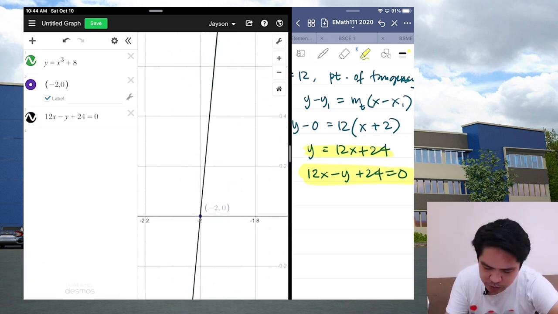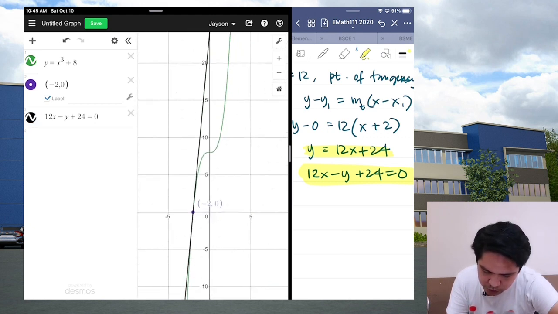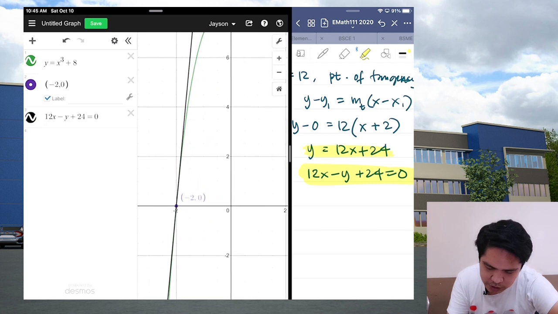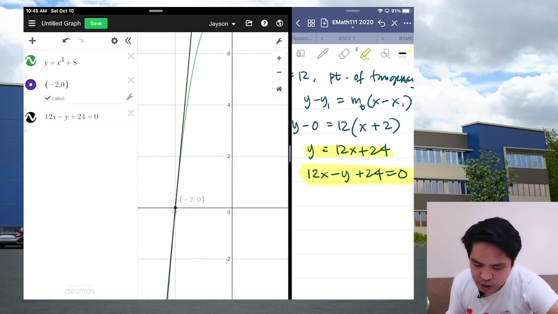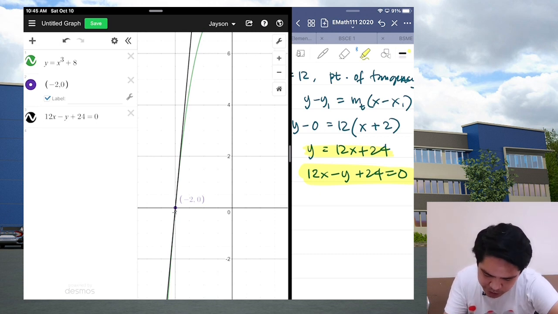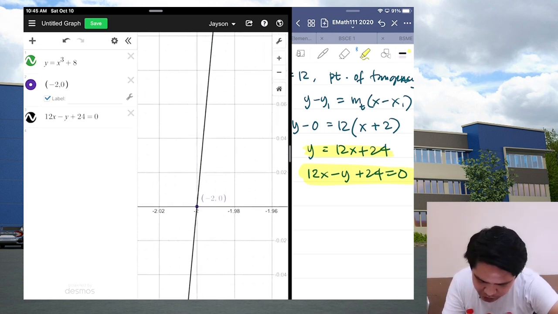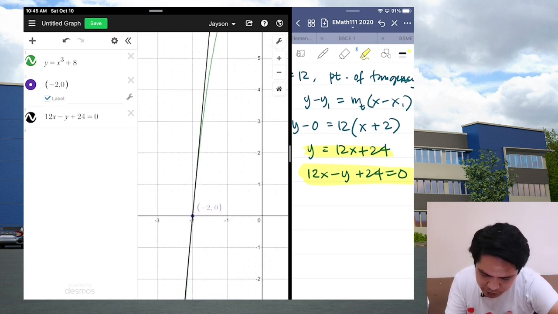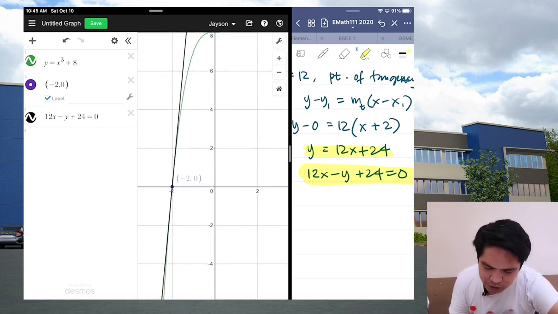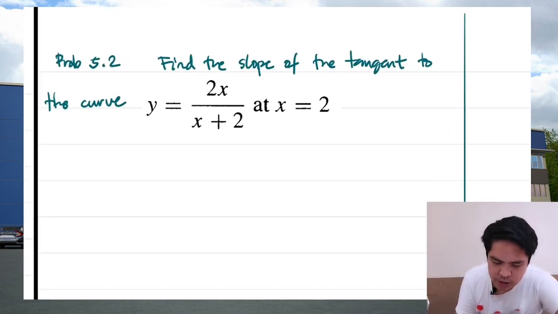So kung nakikita nyo, correct yung answer natin because what we have obtained is the tangent at point negative 2, 0. Okay? Or that line, di lang siya masyadong klaro kasi it almost approaches the same line, yung curve natin. Diba? But it is a tangent line. Okay, let's try this second problem.